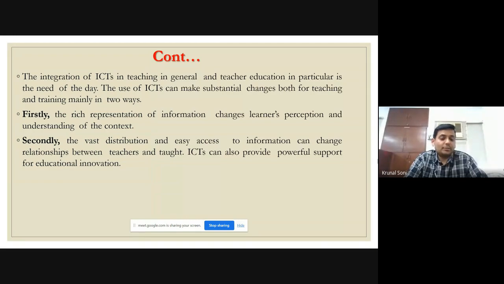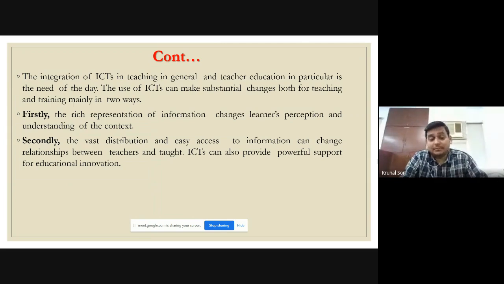Because it is one of the integral parts of the teaching learning process. And that's why it has been said, the use of ICT can make substantial changes, both of teaching and training, mainly in two ways, right? So the two ways are, first, the rich representation of information changes learners' perception and understanding of the context, right?